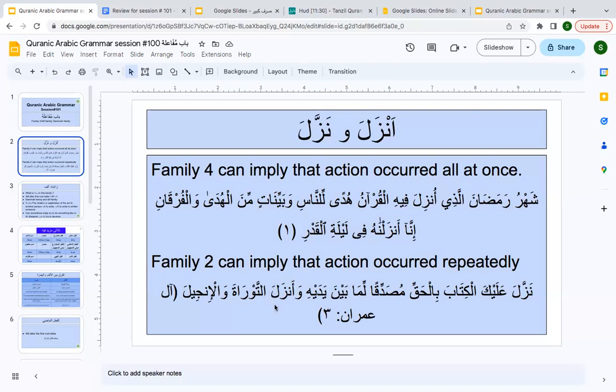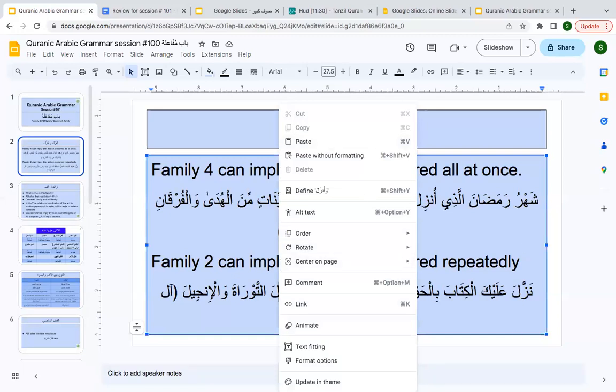So can you see how the same root letters Noon, Zay, Lam, when put in different families, give different meanings, right? Making sense or no? So if it is Nazzala, he sent down slowly, multiple times, and the action happened repeatedly.